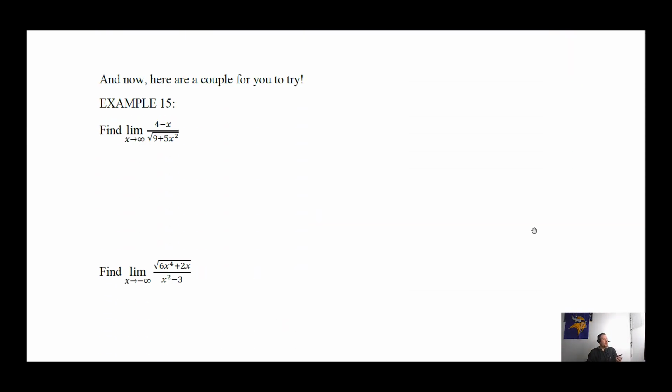A couple more examples. Here we would have a limit as x goes towards infinity. Dominant on top is negative x, and dominant on bottom is radical 5x squared. So we have a limit as x goes towards infinity of negative x over rad 5 x. The x's cancel. Looks like we're getting a negative 1 over rad 5.